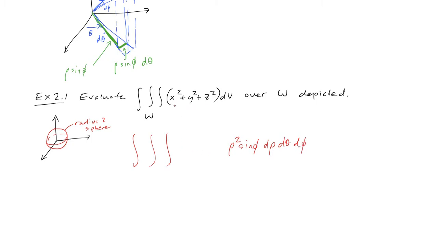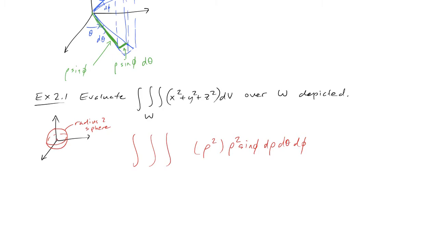And then we put in our function in spherical coordinates. And if you look back at the change in coordinates, this is rho squared. It's the distance squared.